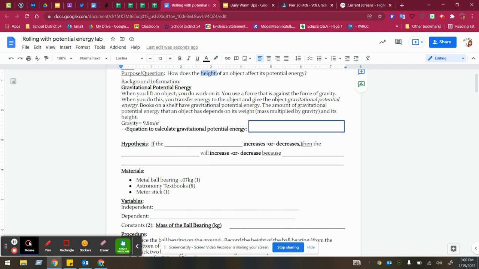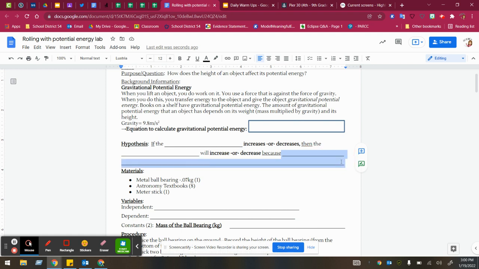So again, the first part of your hypothesis is talking about the independent variable, which comes before the word effect. The second part of your hypothesis should be your dependent variable. You will fill in the blank with the variable that comes after the word effect in your purpose question. So for the independent variable, you choose increase or decrease, then for the dependent variable, increase or decrease, and then you have a because.